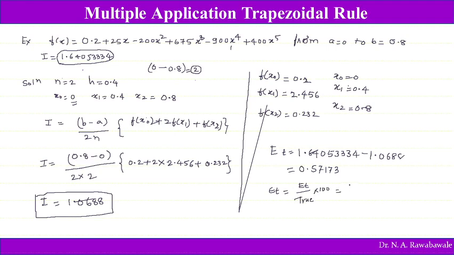So 0.5717 where the true value is 1.640533. This works out to a true error of 34.9%.